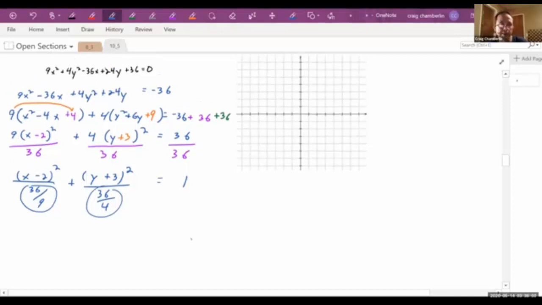You're going to write it as (x - 2) quantity squared over 4 plus (y + 3) quantity squared over 9 equals 1. So for sure, you're going to see problems like that where you have to complete the square in Calculus 3. And you'll probably see it in the very first chapter in a much larger context.